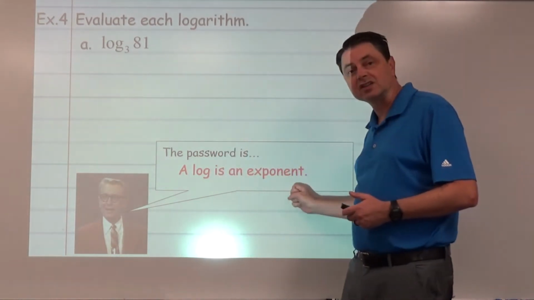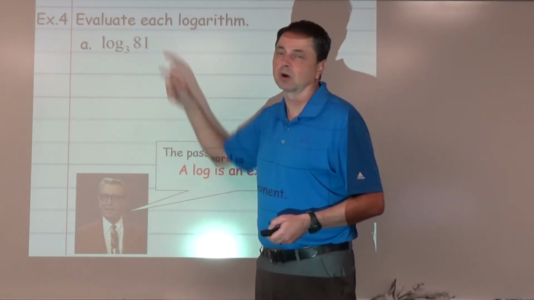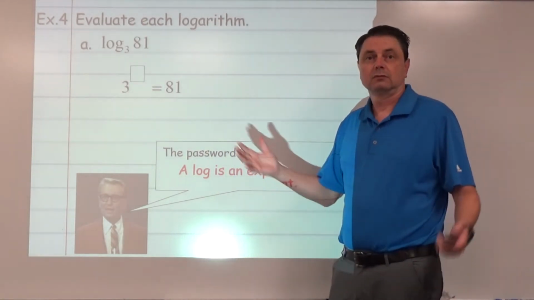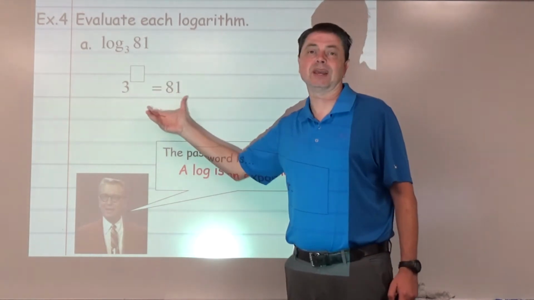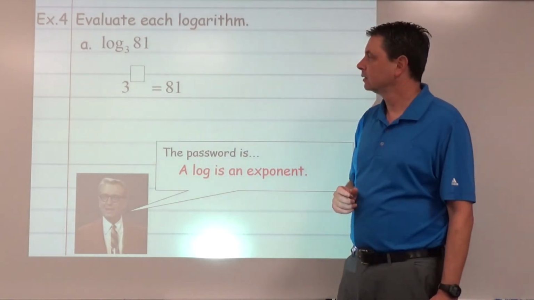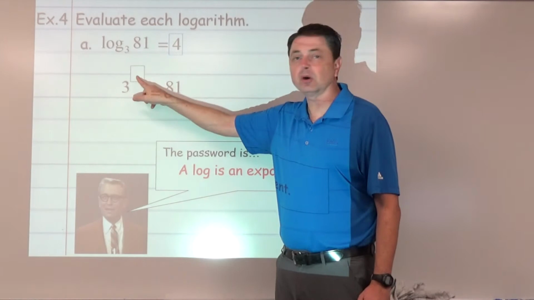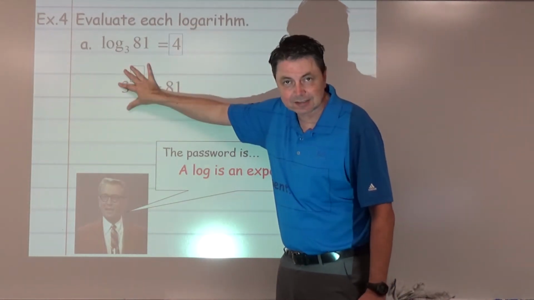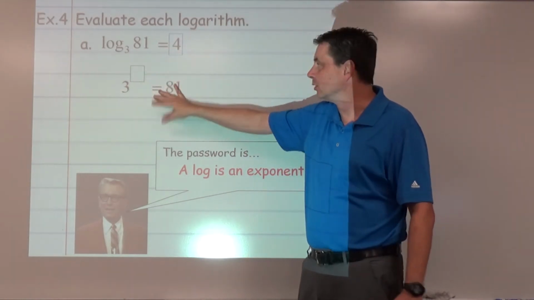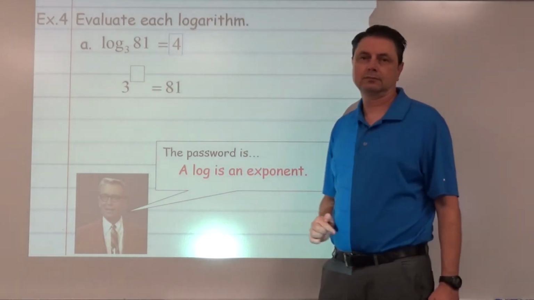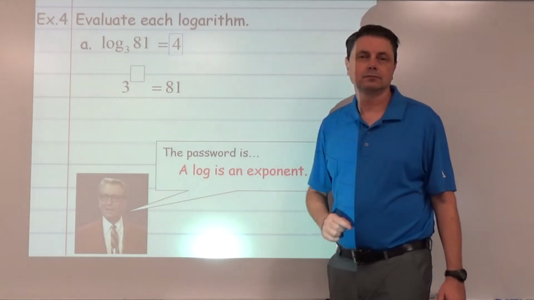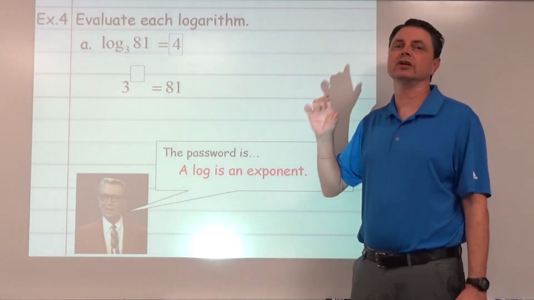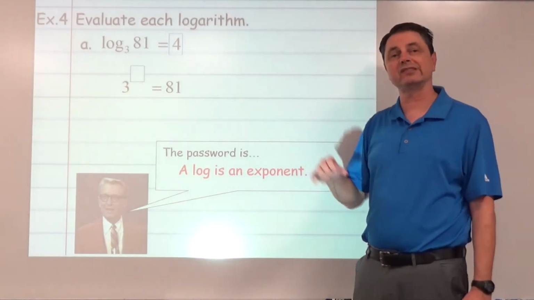We're looking for the exponent. 3 to what power is 81? What exponent goes here to make this a true statement? Answer that would go there is 4, so 4 is the answer. Don't write it like this. The answer to the problem is 4. 3 to the 4th power is 81. So the answer is 4. It's the unknown missing exponent.